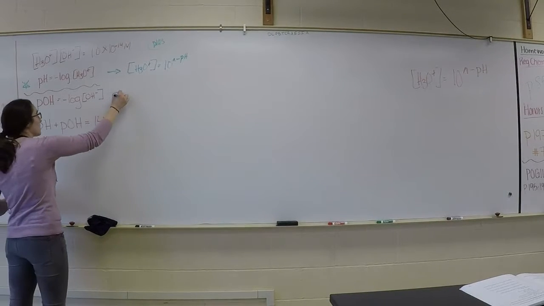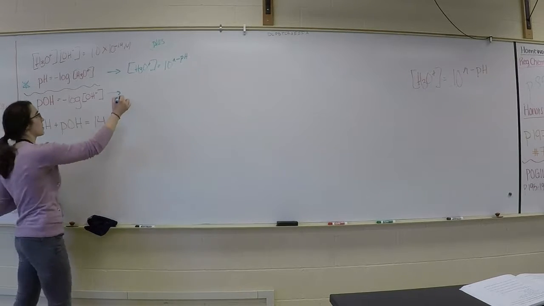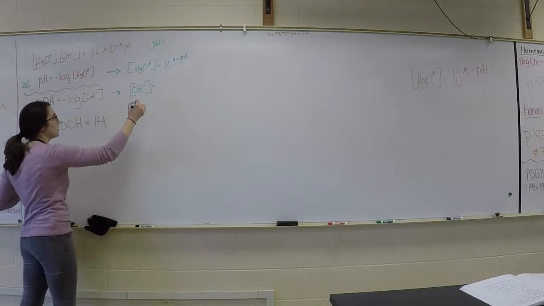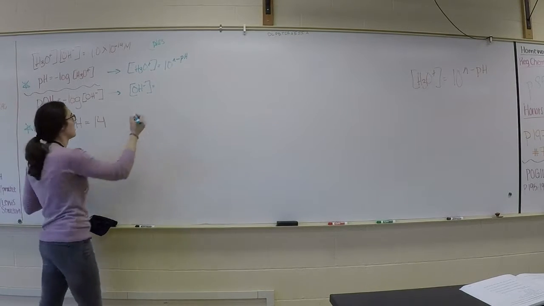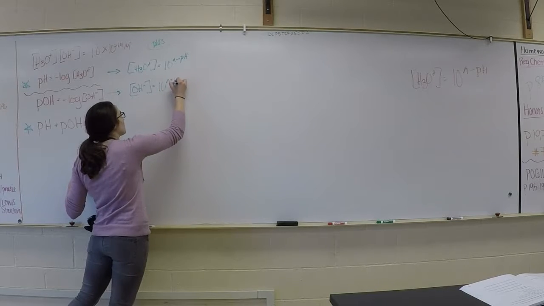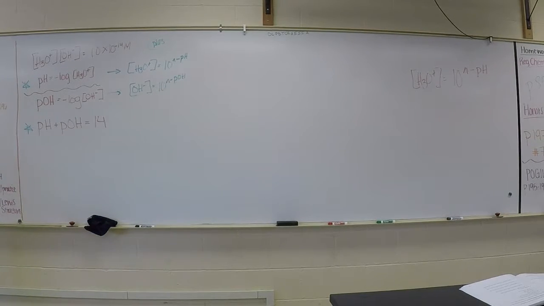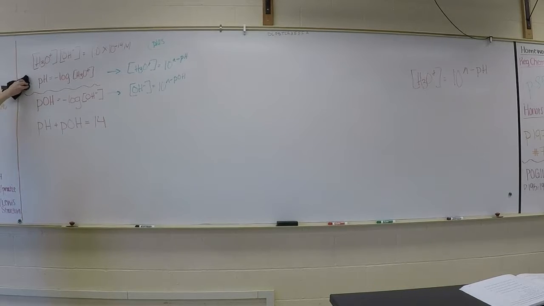So then what do you think this equation is rearranged? What does hydroxide probably equal? 10 to the, yeah, anti-log to the negative pOH. Whew. So these 6 equations, those 4 and those 2, are all of our equations for this mini unit.